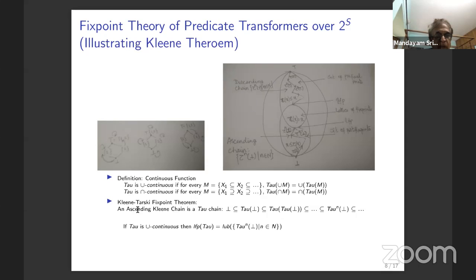What the Kleene-Tarski theorem says is that an ascending Kleene chain, yeah, this is a Kleene chain. A Kleene chain is something where you start from false and repeatedly apply tau, a larger and larger number of times. This is guaranteed to form a chain. Why? Because tau is monotonic.